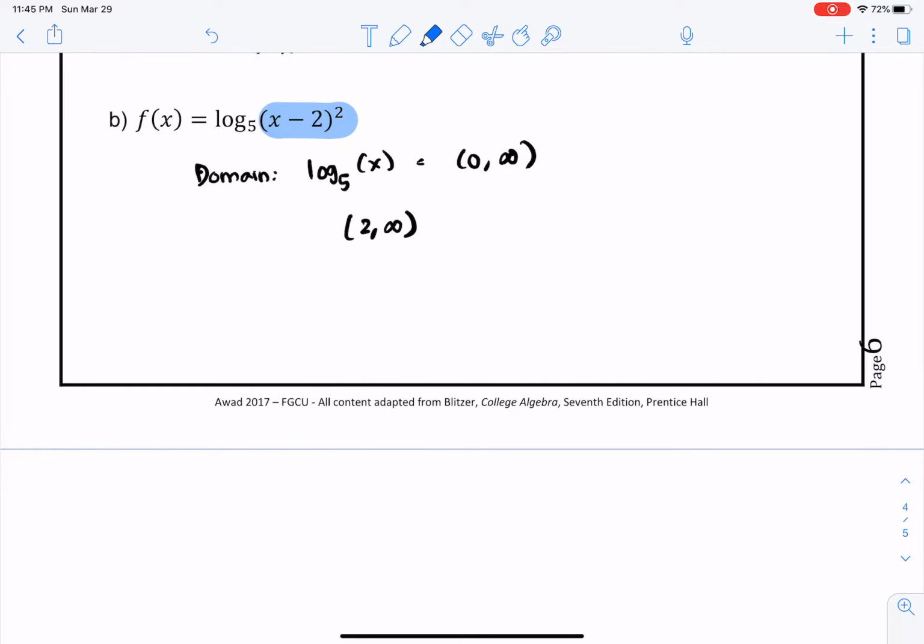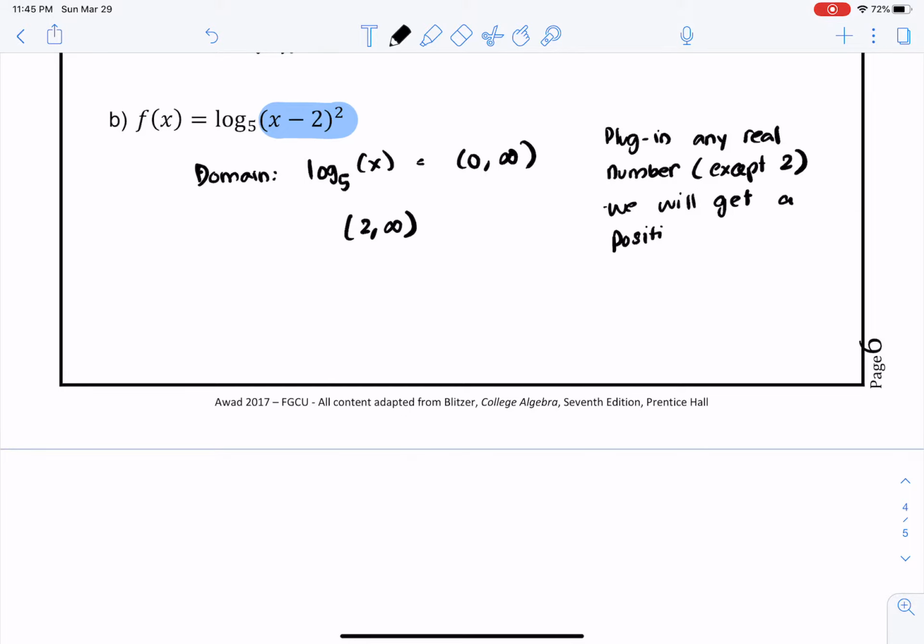So I could plug in any number in x minus 2 squared, of course, except 2, and we will get a positive number. So what we're saying is I can plug in any real number over here, except 2. So what is the domain?